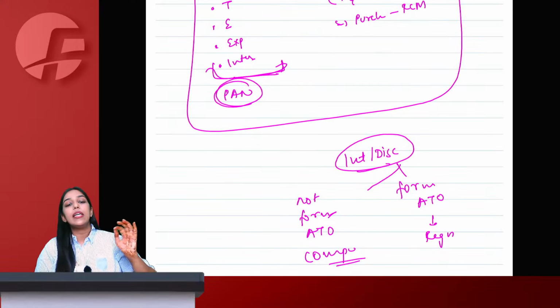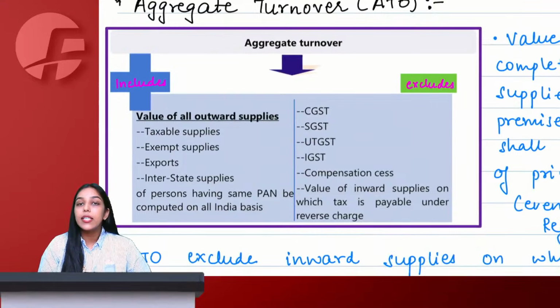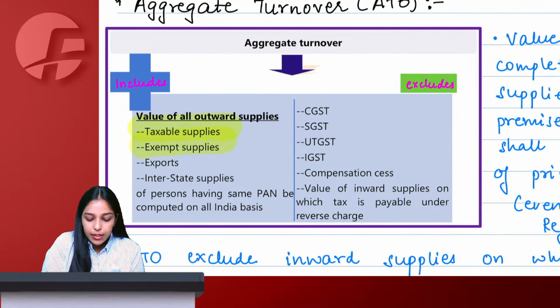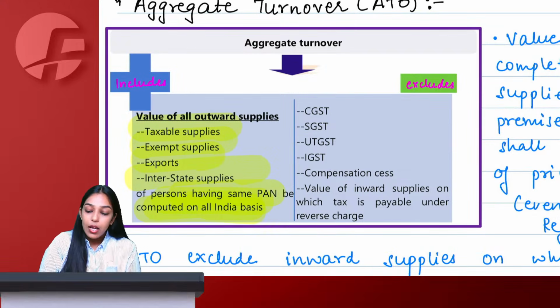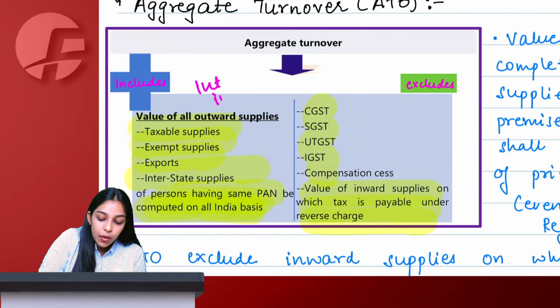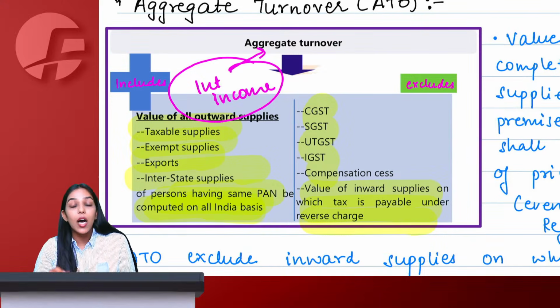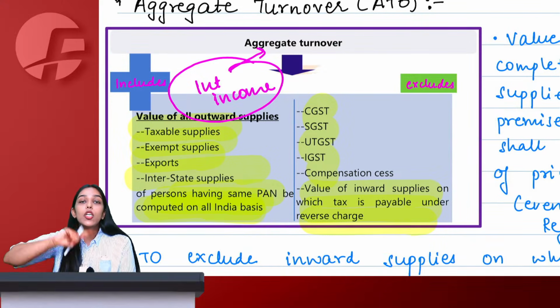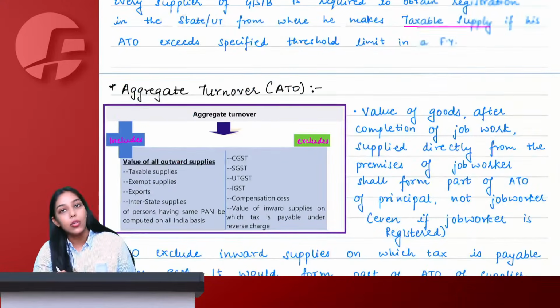This is the only difference between the aggregate turnover definitions. So here aggregate turnover means everything, taxable, exempt, export, interstate, whatever I am doing on a pan-India basis, which will exclude GST and inward supply payable under RCM.